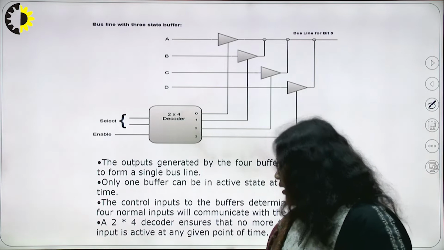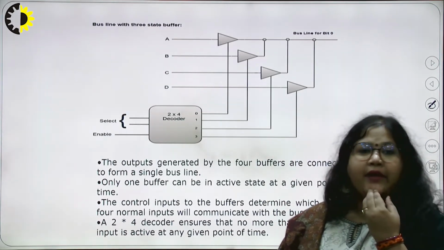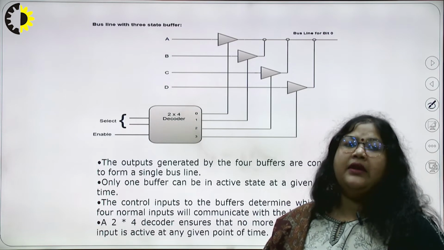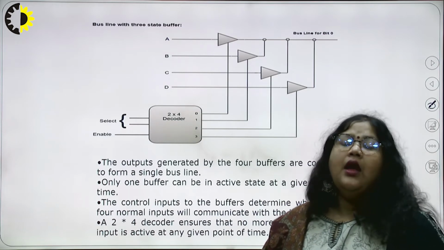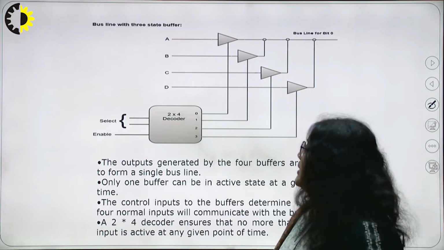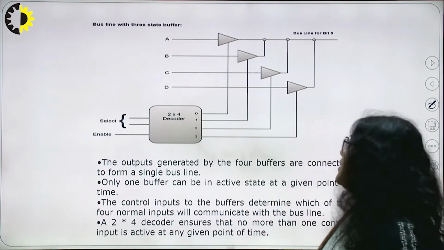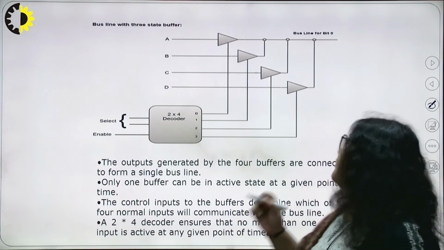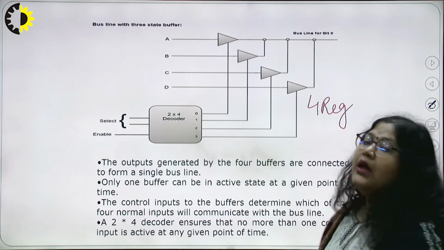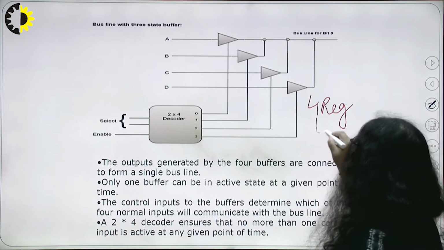Okay. So how do we use a decoder with the tri-state gate for the construction of the common bus system? Basically, I repeat the same question in this slide.